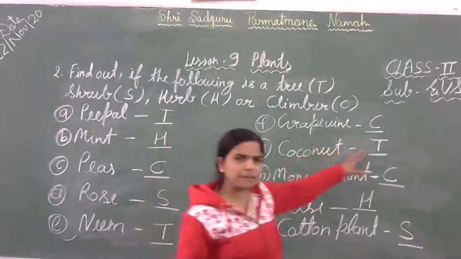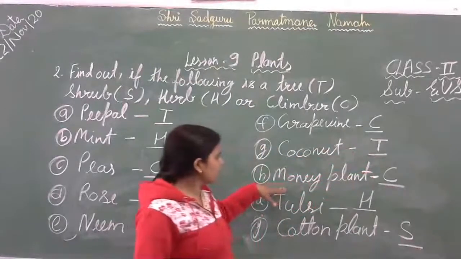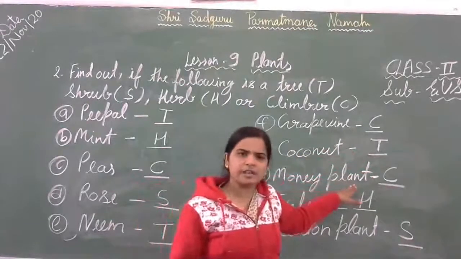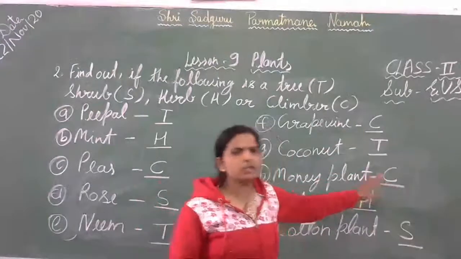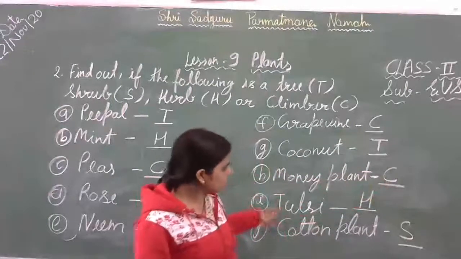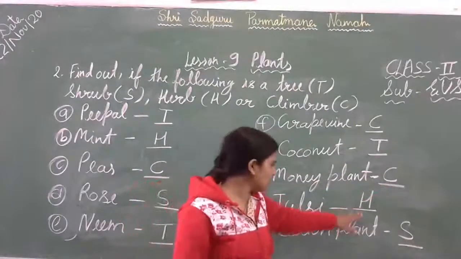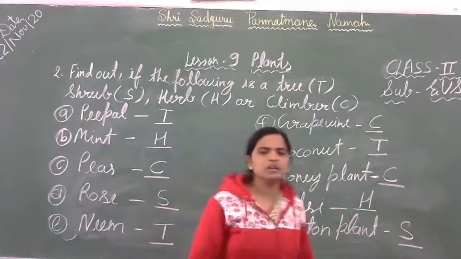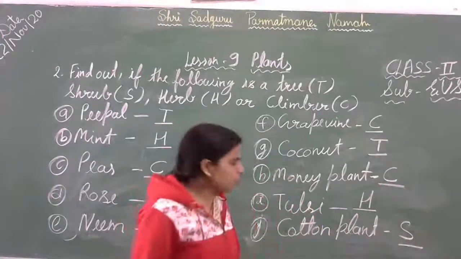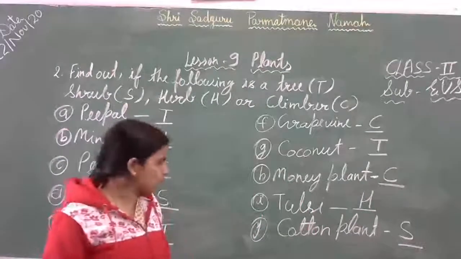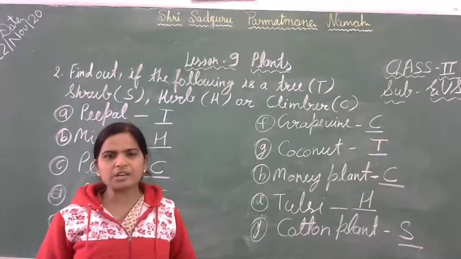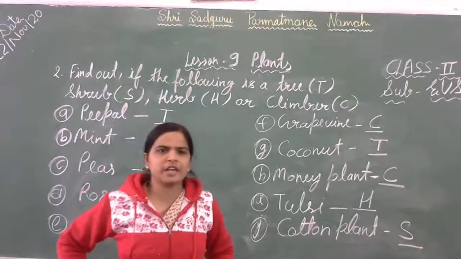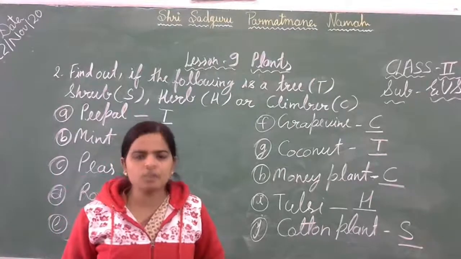Coconut is an example of tree. Money plant is an example of a climber. Tulsi is an example of herb. Cotton plant is also an example of shrub. Children, you complete this exercise in your EVS notebook. Okay.